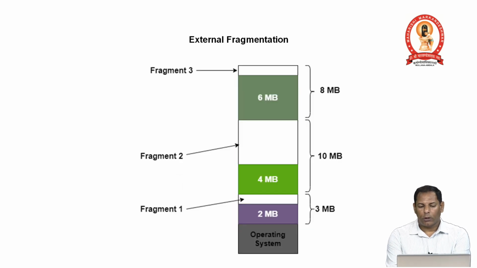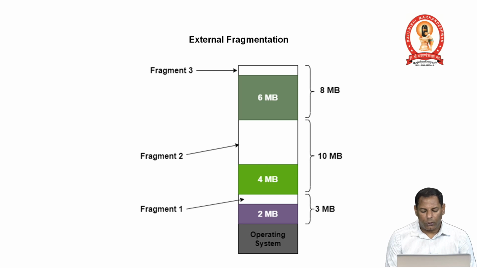Now you will see the example of external fragmentation. When the memory space in the system can easily satisfy the requirement of the process, but this available memory space is not continuous, so it can't be utilized, then the problem is referred to as external fragmentation. The figure shows external fragmentation.